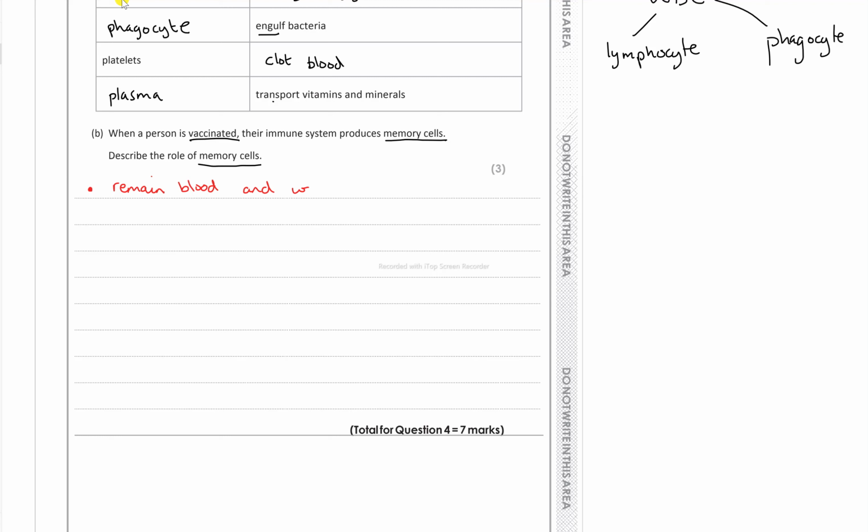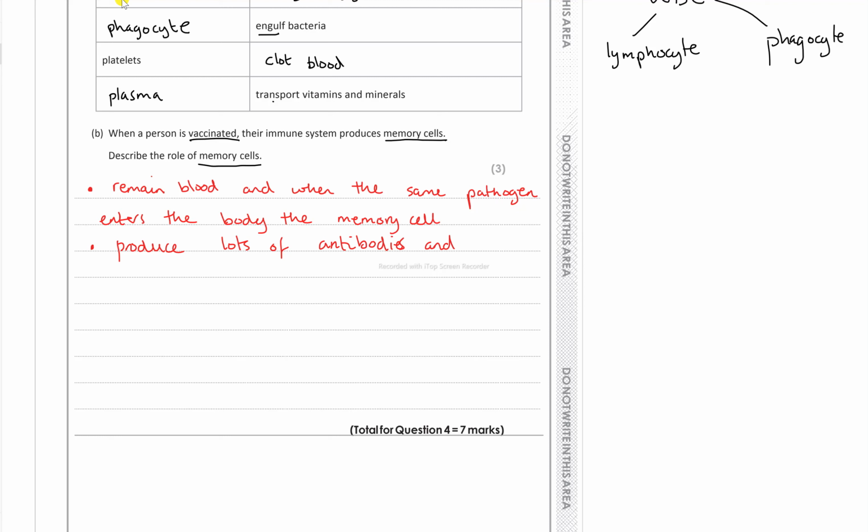And when the same pathogen invades or enters the body, the memory cells recognize it and they produce lots of antibodies, and quickly.